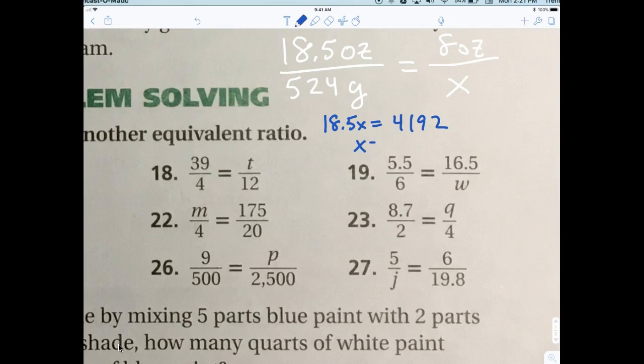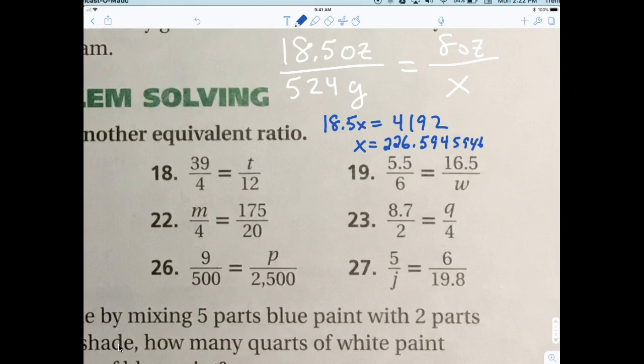Let's wait for Chloe. I got 226.5. Is that right? 226 point what? 594.